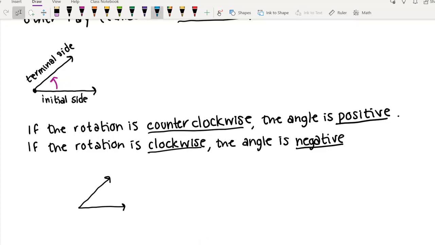So this would be a positive angle. And then a negative angle would be if you start with your initial side, and instead of rotating counterclockwise, you rotate clockwise. So you get something that looks more like this. So this would be a negative angle.